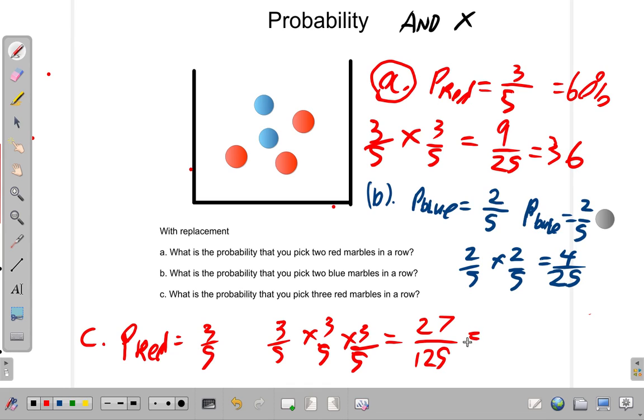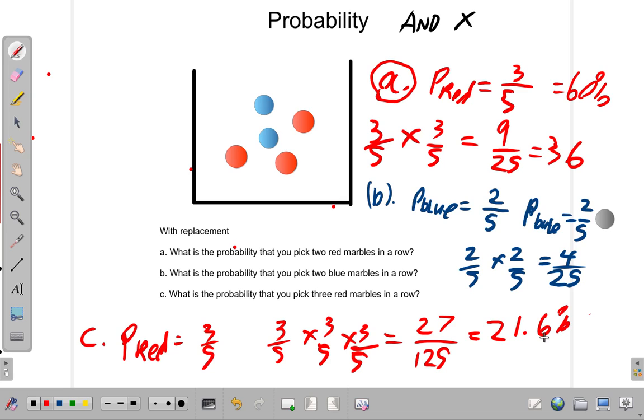And the probability that you pick 3 red marbles in a row is 27 divided by 125. What is that? 21.6%. All right.